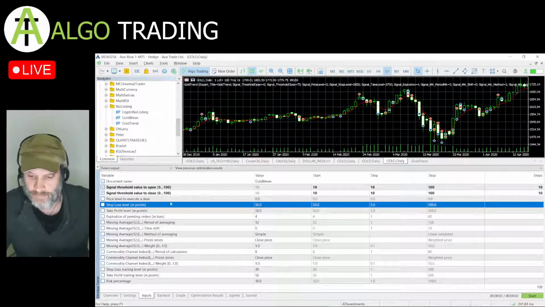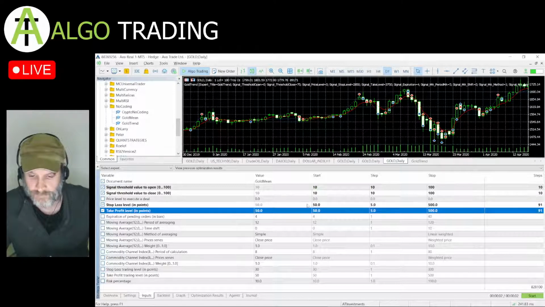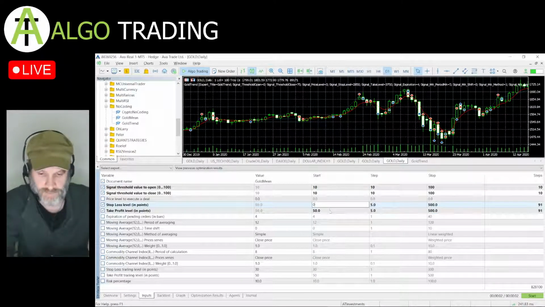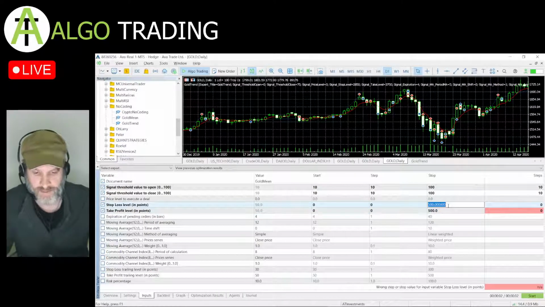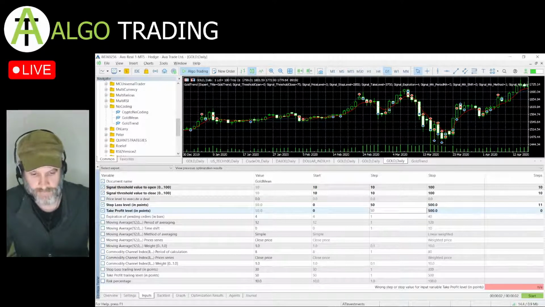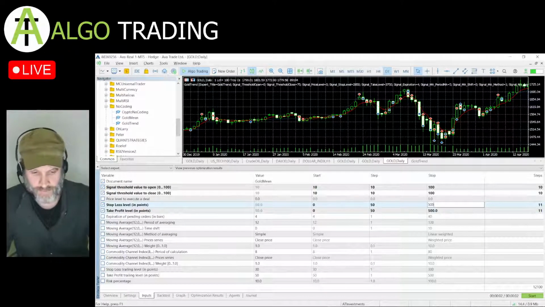And leave the stop loss again. We're going to start at 0 and go up in steps of 50, same as the other one, up to 5,000.